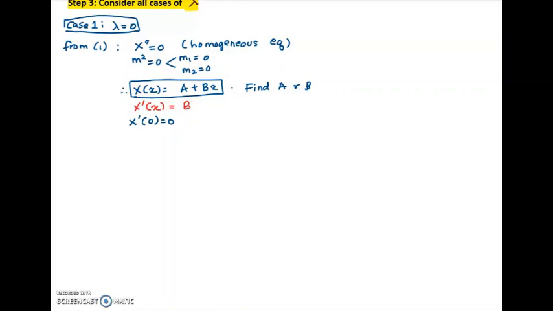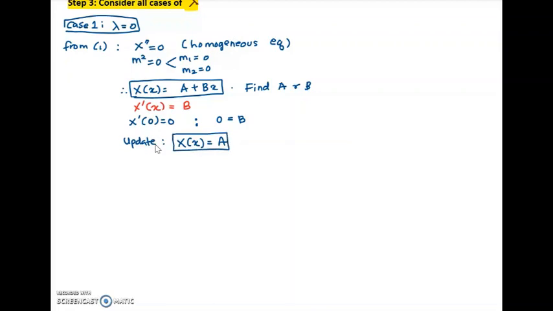Now when you have x prime of 0 equals 0, based on the derivative equation, at the left-hand side you have 0, at the right-hand side is b. So 0 equals b, or b equals 0. Then you update your solution. Your current solution would be x of x equals a, because your b is 0.